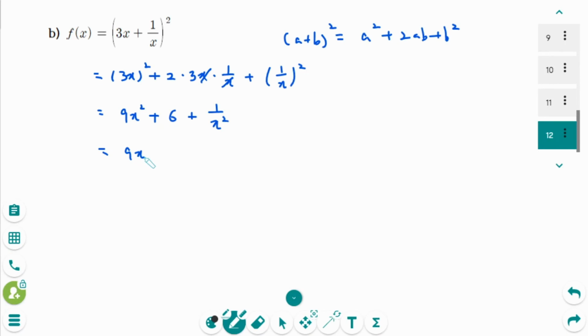Then 9x squared plus 6 plus x to the power of minus 2. f prime x equals 2 down, then 18x, 6 makes 0, and then minus 2 times x to the power of minus 3. So the final answer is 18x minus 2 over x cubed.